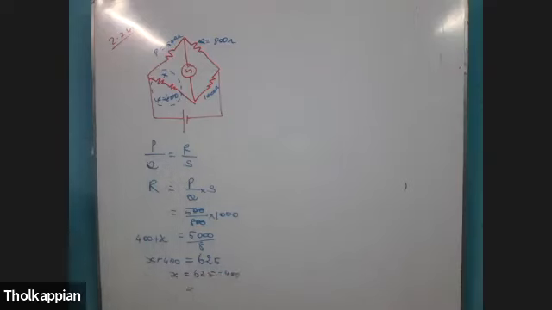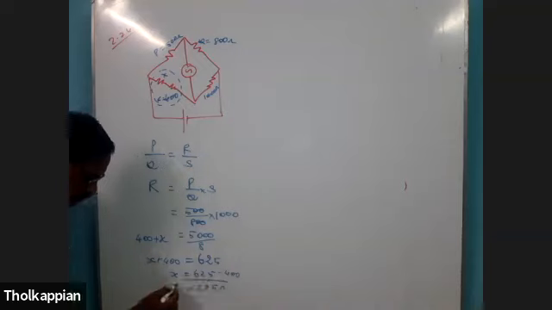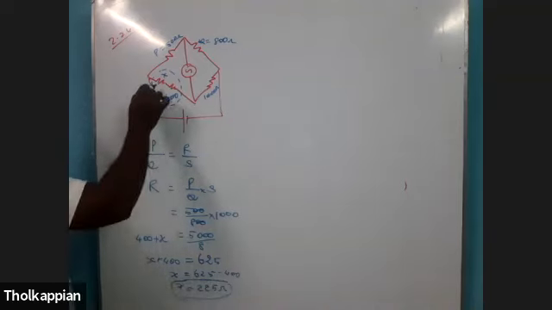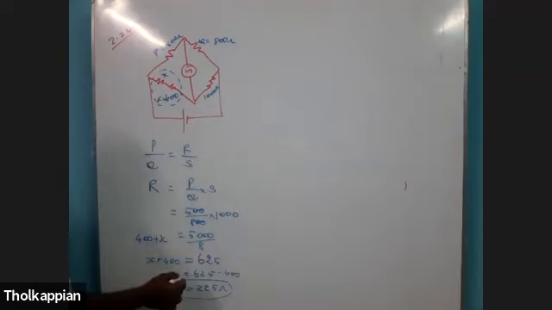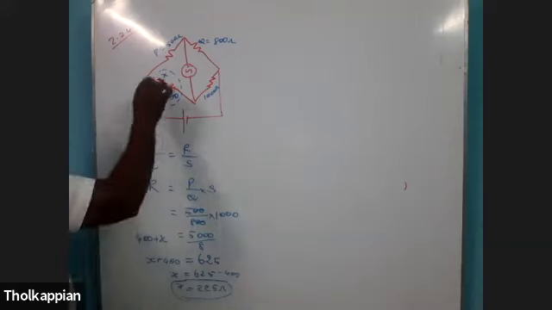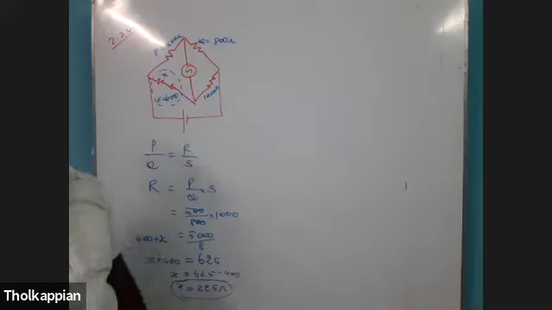So the value of X is 225 ohms. If the resistance 225 plus 400, this arm becomes how much? Total 625 will come. Then only it is in balancing condition. Note it down.